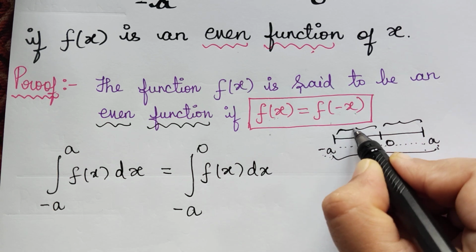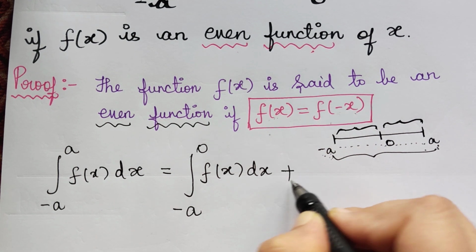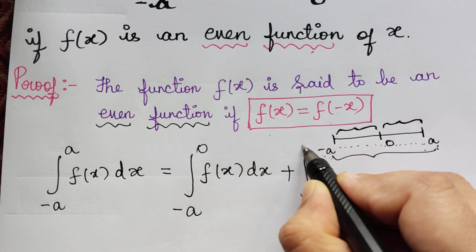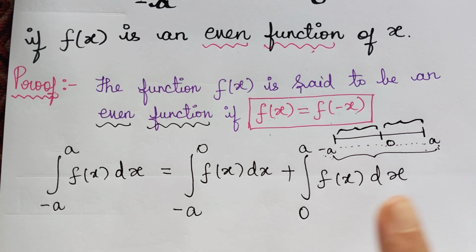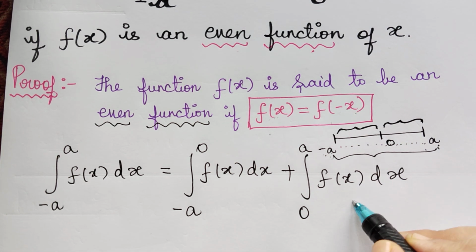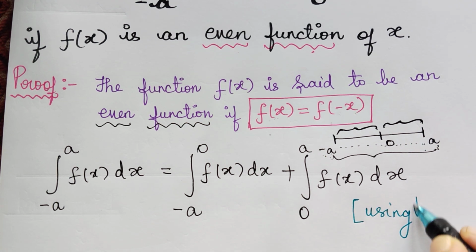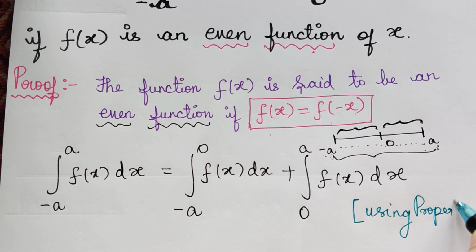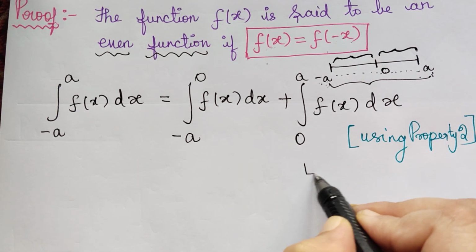So this is the first split up. The second split up is from 0 to a, so plus integral 0 to a f of x dx. So first we have to split up the integral, and this was done using property 2. Let us mark this as equation 1.